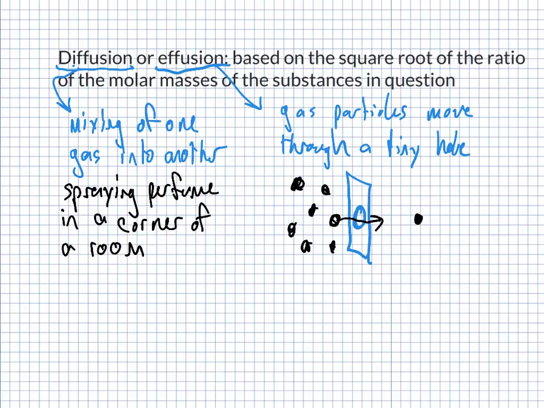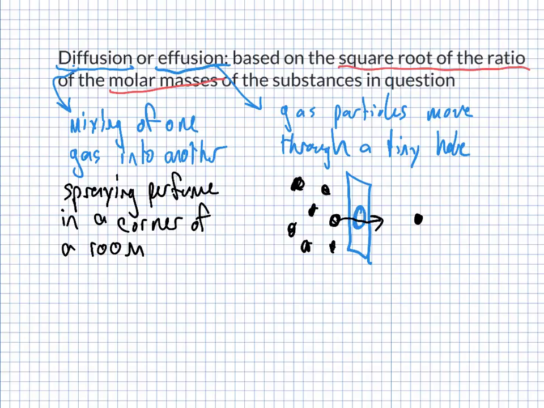Well, what might affect that? The obvious thing is the size of the particle that has to fit through the tiny hole. And sure enough, what we see is that the rate of diffusion or effusion is based on the molar masses. In general, we say it's based on the square root of the ratio.